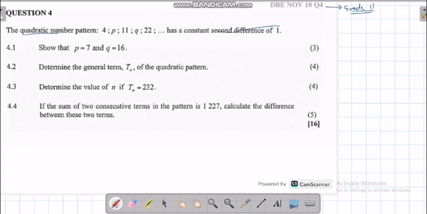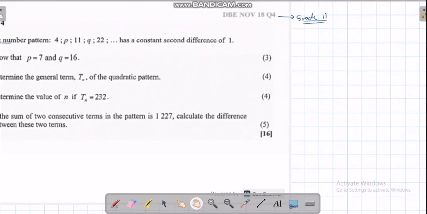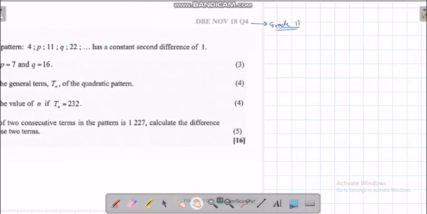So our second difference in this case is already given. The first question says show that p is equal to 7 and q is equal to 16. So that's what you should get at the end. Our p must be 7 and our q must be 16. 3 marks. Okay, so now 4.1.